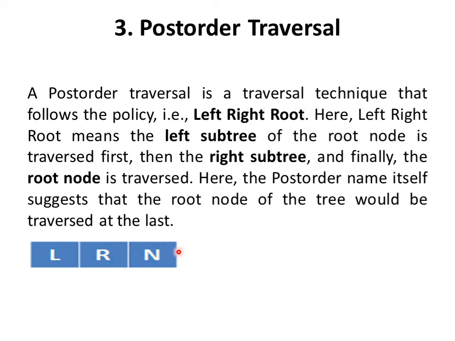I have named the root node N. Here left, right, root means the left subtree of the root node is traversed first, beginning from the left tree node, then the right subtree node, and finally the root node is traversed. Post-order, as the name suggests, means the root node of the tree is traversed last, that is, visited last after traversing left and right.